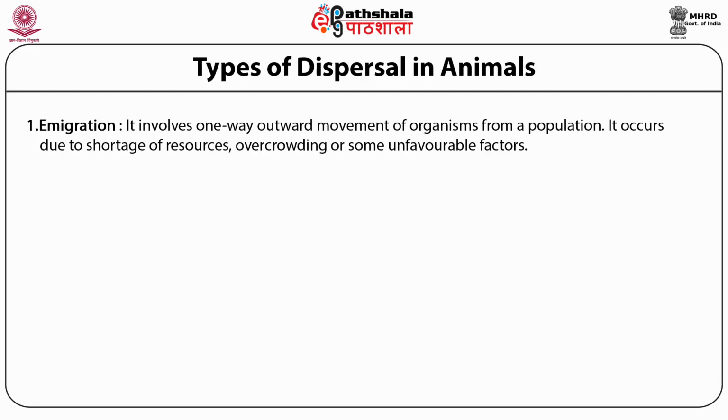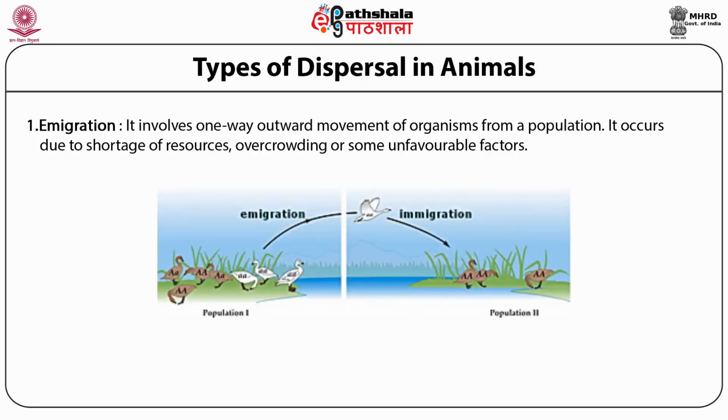For example, in a bird population, when some birds move away from the original population to another place, it is called emigration, as you can see in figure 1. Many individuals in a human population leave their place in search of better job opportunities and other resources and do not return to their original place.